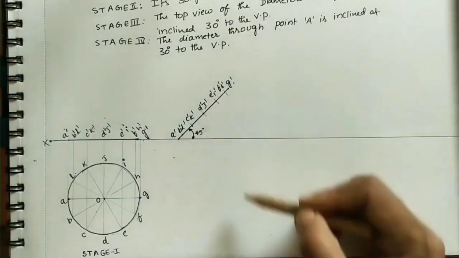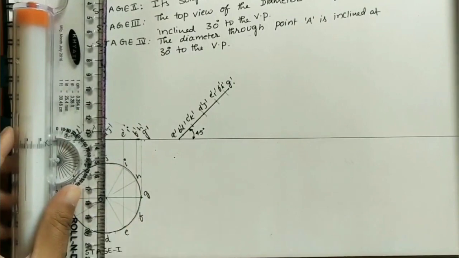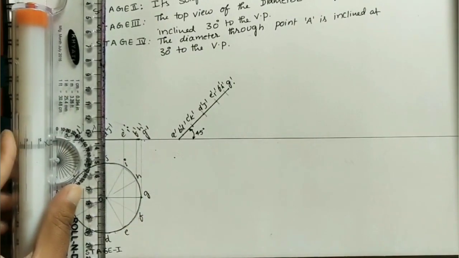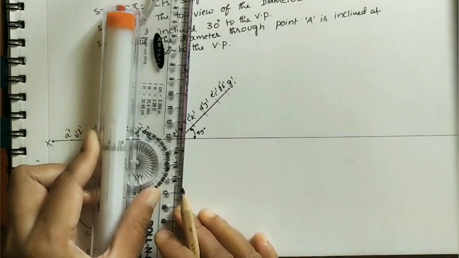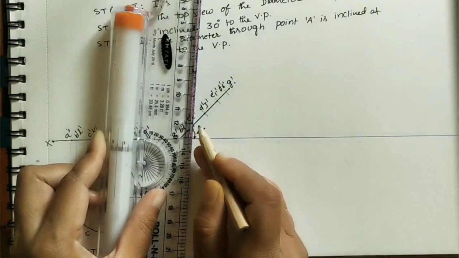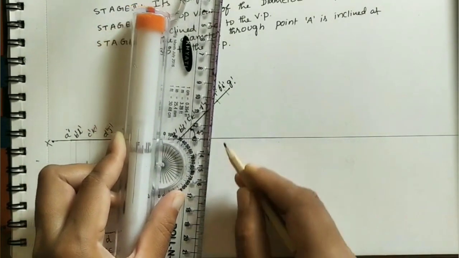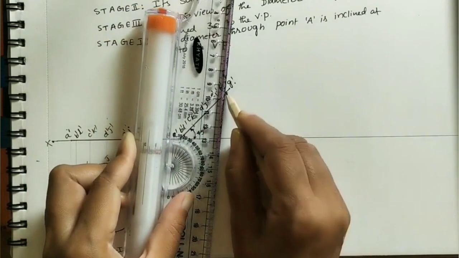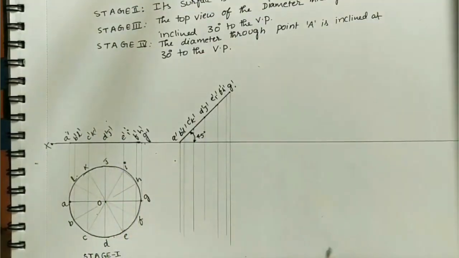Do the projector lines at all points. Take any one of the lines as a reference line for doing the projectors. Move the scale at all points. From these points also do the projector lines.